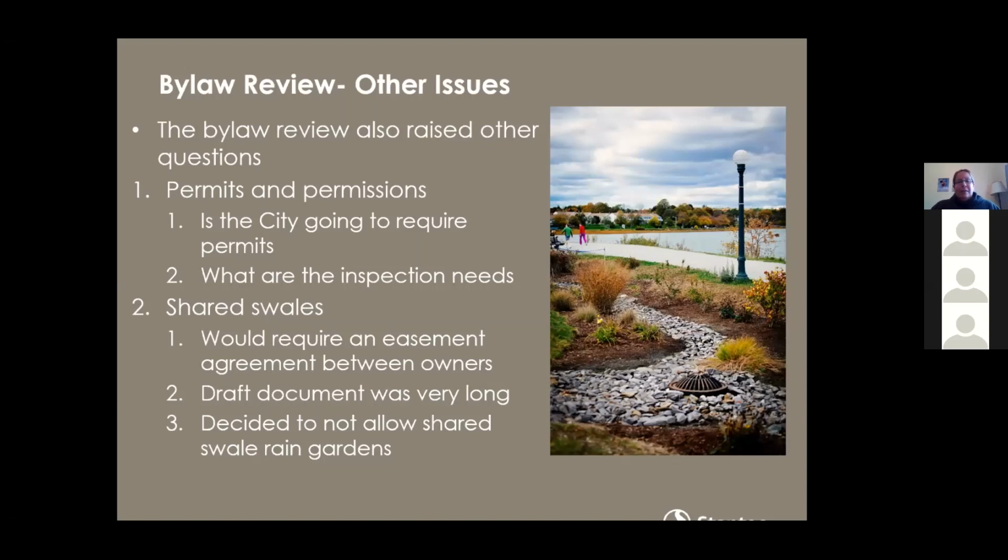And we decided that it was just going to be easier for the city to say that you weren't allowed to put a rain garden in a shared swale rather than trying to administer the program with these needs for easement agreements and maintaining that and having that follow the home down through ownership.